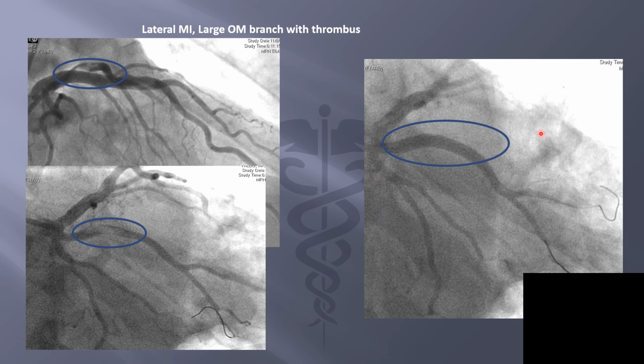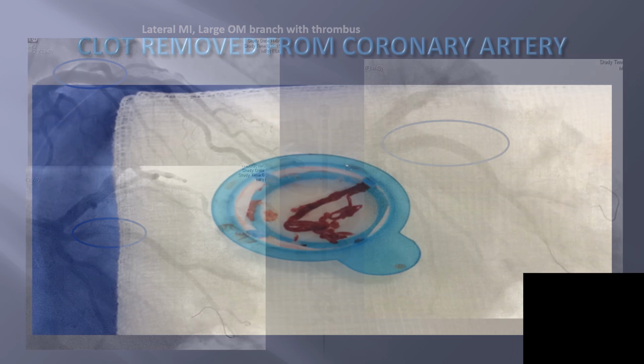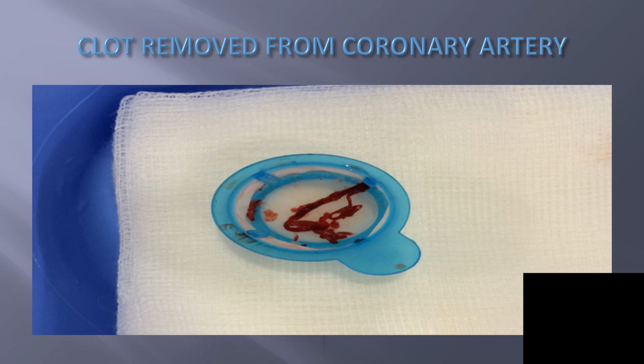And then these are the after pictures after the drug-eluting stent was placed and the thrombectomy device was used. This picture here was the actual clot that was retrieved from the obtuse marginal. It was a huge clot that we took out and opened it up.